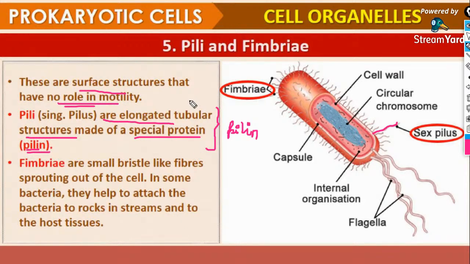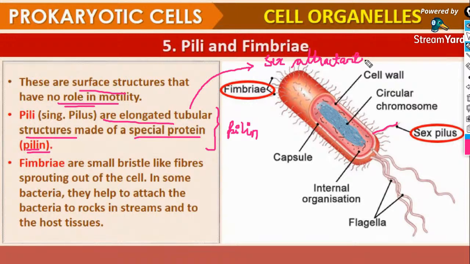It functions as a sex attractant. It attracts another bacterium for conjugation. So the protein present in pili is pilin, and its function is to act as a sex attractant.